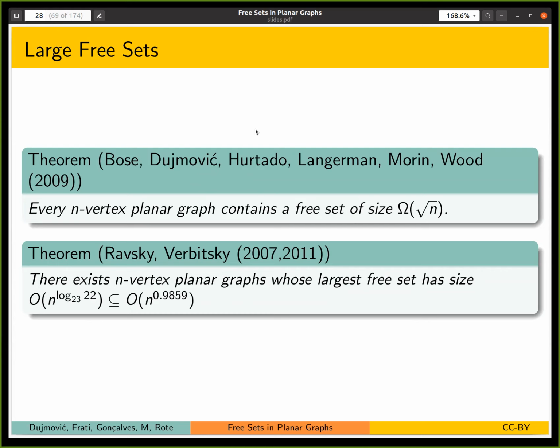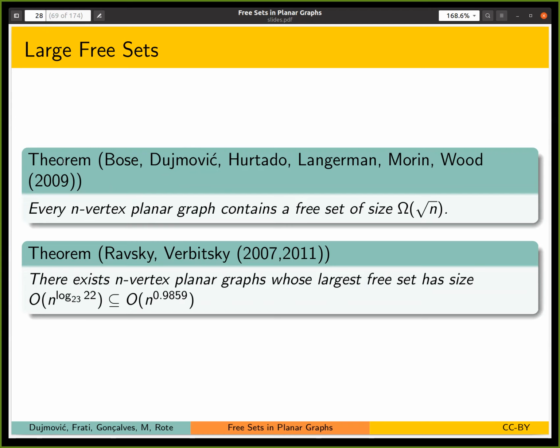And that's just because for any 3 points, there's an affine transformation that takes them onto any other 3 points. So take any 3 vertices of your graph, you can map them to whatever you want and preserve the non-crossing drawing. So that's a little bit too easy.